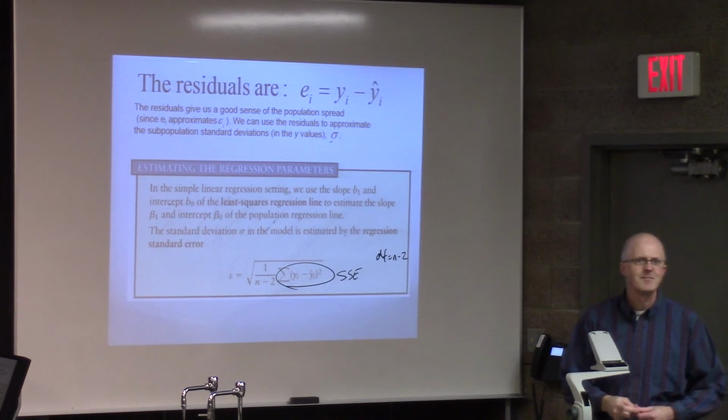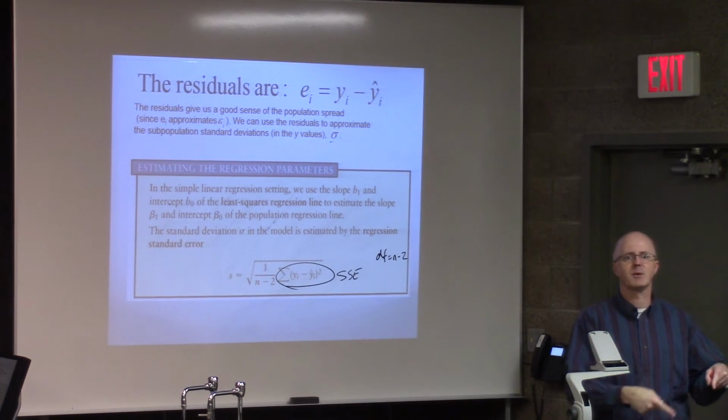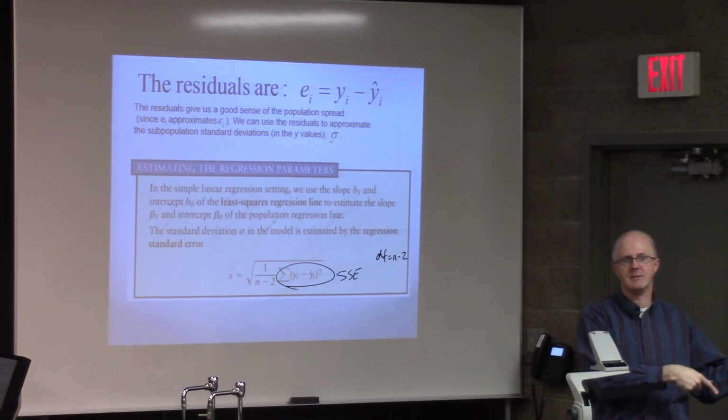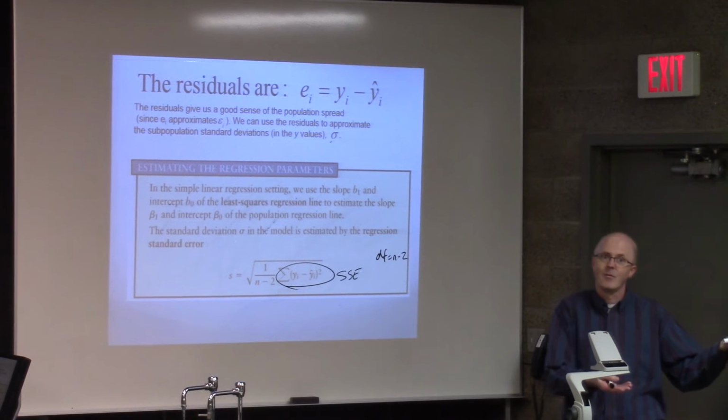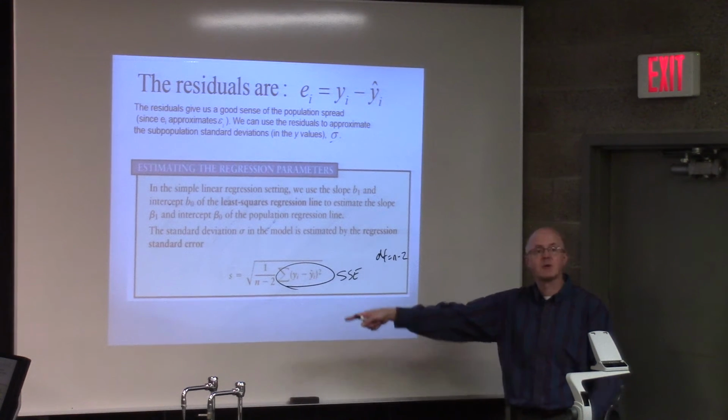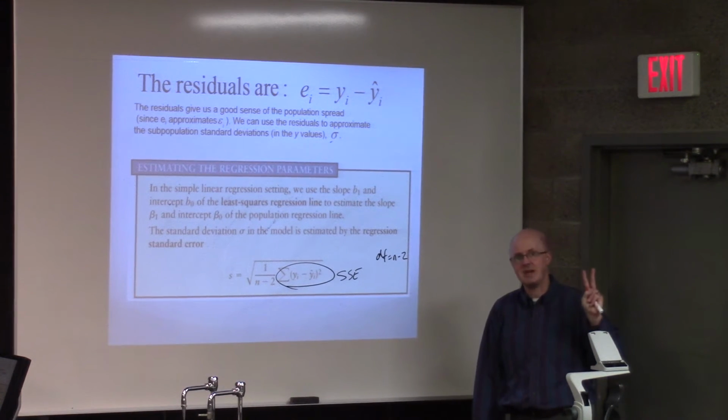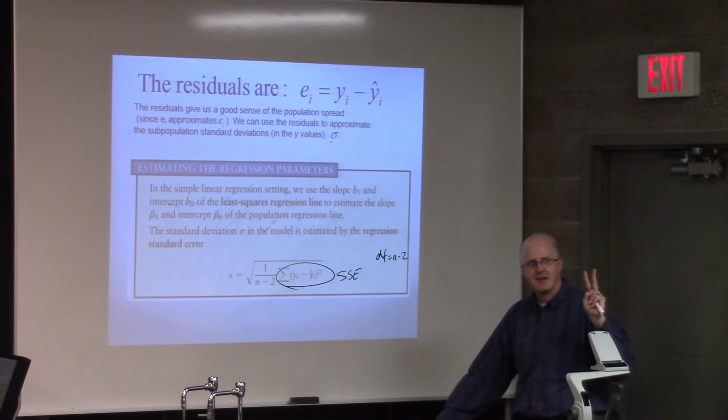Crazy, right? Actually, when you do multiple regression, where you've got more than one explanatory variable, degrees of freedom could be n minus 3 or n minus 4 or n minus 5 or n minus 6. It depends on the number of explanatory variables. With one explanatory variable, it's n minus 2. With 2 explanatory variables, it's n minus 3. I know, it's weird. Stats is weird a lot of the time, but that's the way it goes.